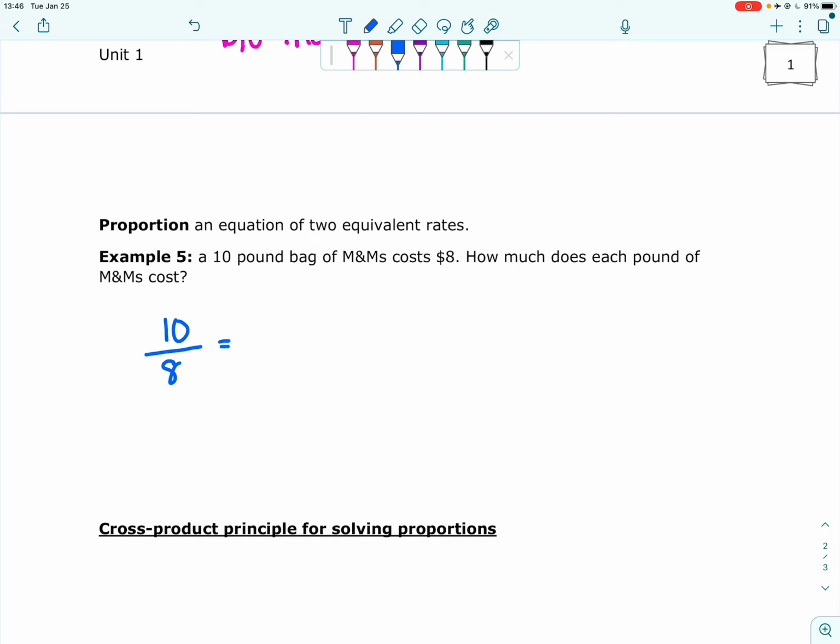I need to put units on here. I set this up wrong anyways. $8 for 10 pounds equals how many dollars for 1 pound?